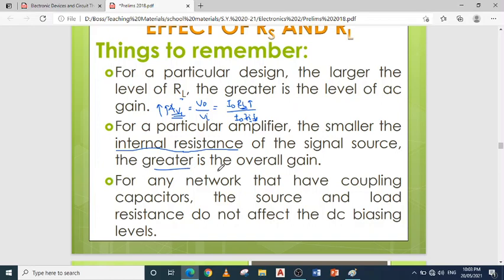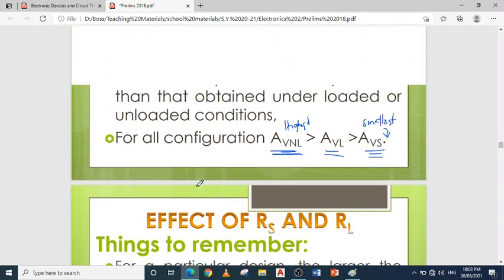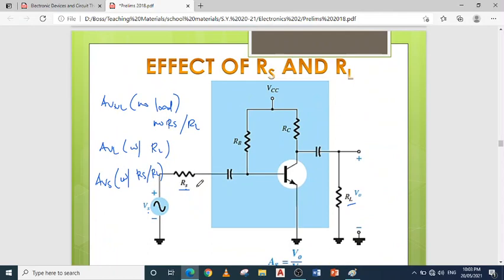Okay? And then for any network that has coupling capacitors, the source and the load resistance do not affect the DC biasing level. So when we say the DC biasing levels, ito kinocompute natin yung VB, yung VE, and then VCE, mga ganyan. Bakit? Okay? Yun ang importance nitong coupling capacitors. Take note that, tingnan natin, di ba? We have two coupling capacitors here.